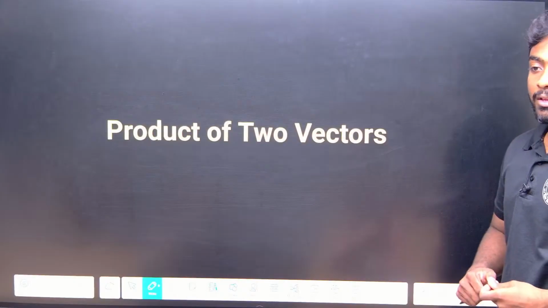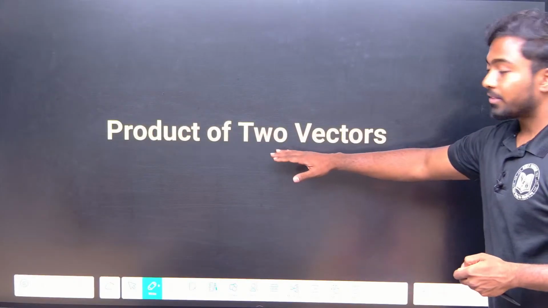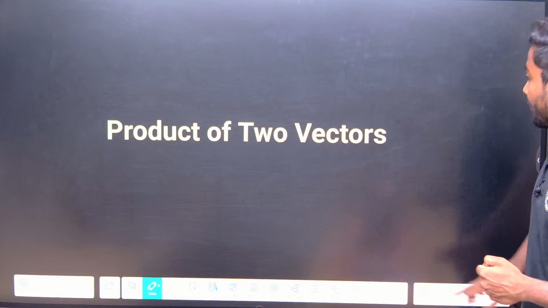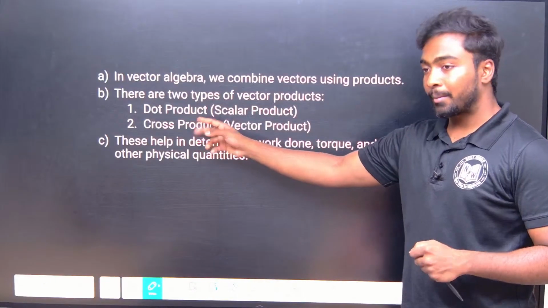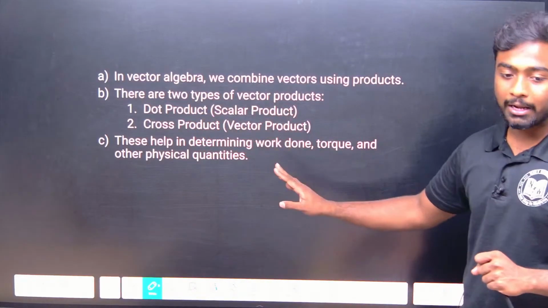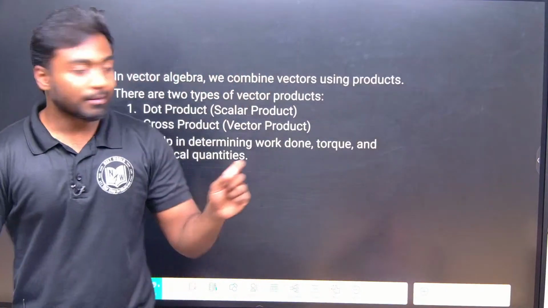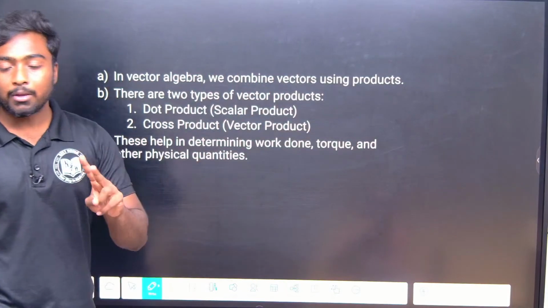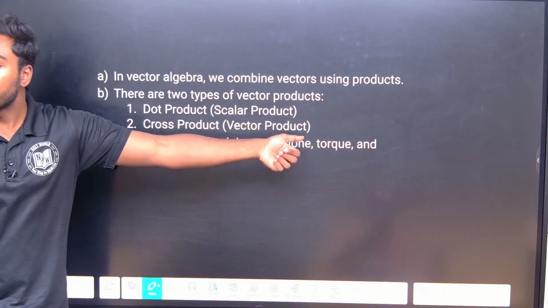Now, product of two vectors. We have seen vectors multiplied by scalars, and now we are seeing two vectors. When two vectors are multiplied, the resultant will be either a scalar or a vector. When we multiply two vectors using a dot product, the result is a scalar. With a cross product, we get a vector.